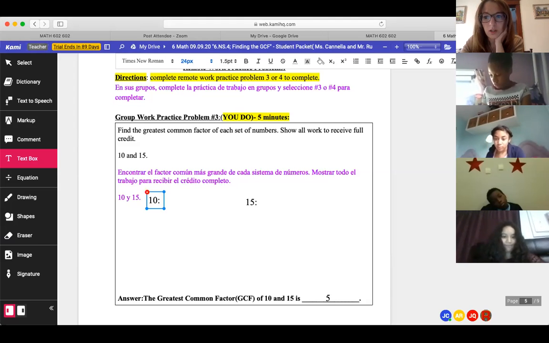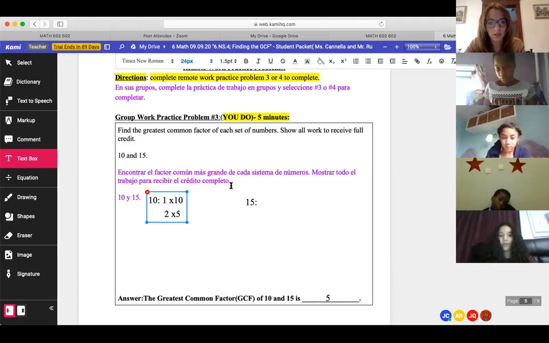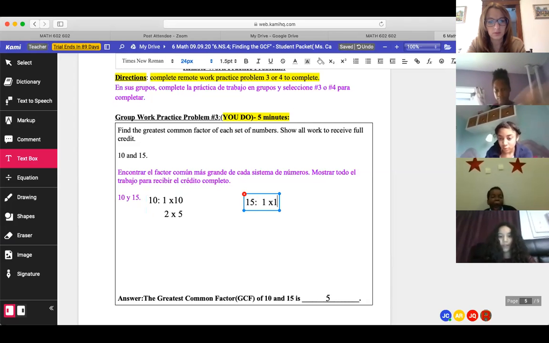So Natalie, can you give me two numbers that multiply to 10 starting with 1? 1 and what? 1 and 10. And what else? 2 and 5. Excellent. Good. You're doing really awesome. I think you can handle 15. 1 and what? 1 and 15. Good, keep going. 3 and what? 3 and 5.